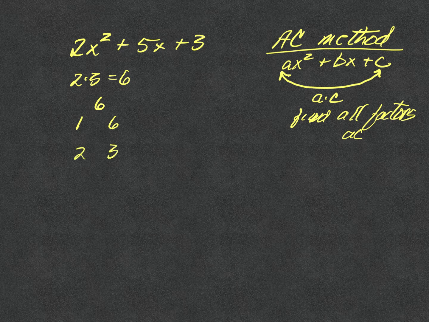Now, since it's a positive 6, we know it's a positive times a positive or a negative times a negative. And now we're going to look for the ones that add to 5. So plus 1 plus 6 adds to 7, negative 7, 5, and negative 5. And the one we want is the one that adds to 5.